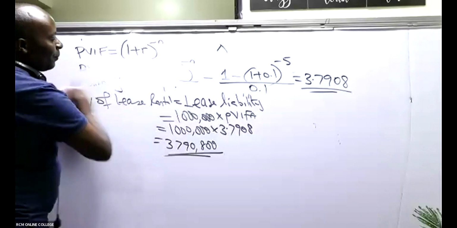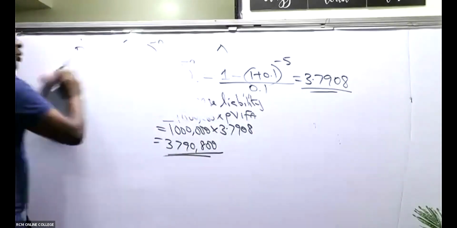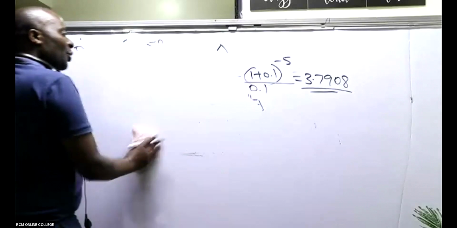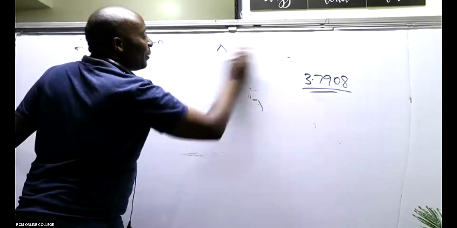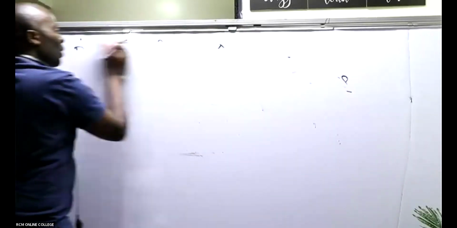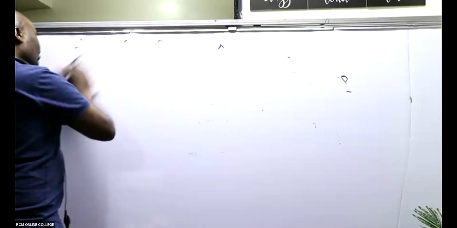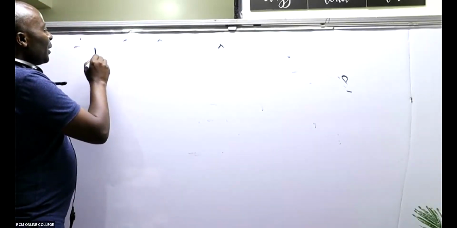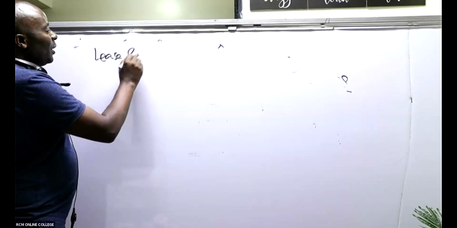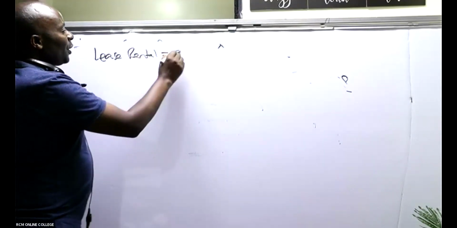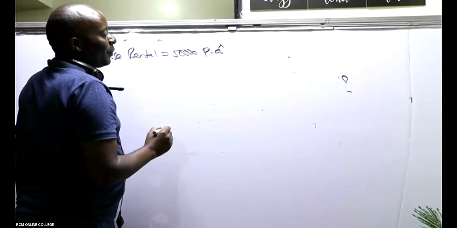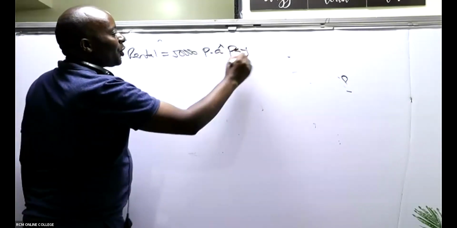But you see again, another trick that I've always seen the AFR, Advanced Financial Reporting, and of course the Intermediate Financial Reporting examiners doing. These examiners will come and tell you the following: that the lease rental is 50,000 per annum, payable in advance.